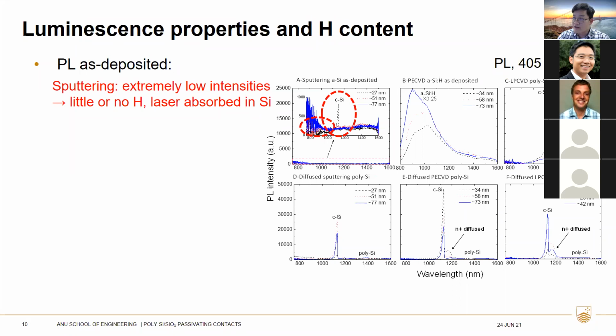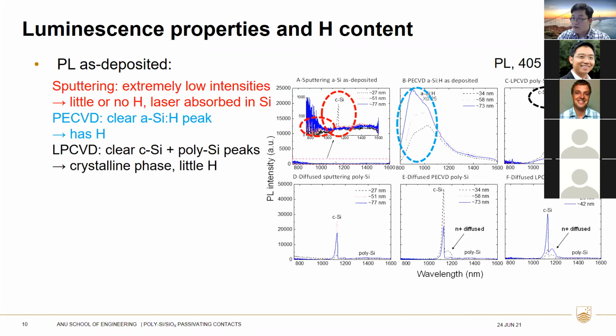Meanwhile, on the PECVD as-deposited film, we see a clear hydrogenated amorphous silicon PL peak, which indicates the film contains hydrogen. On LPCVD samples, we see clear crystalline silicon and also polysilicon PL peaks, and no hydrogenated amorphous silicon PL peak, which indicates the films have some crystallized phase and little or no hydrogen.